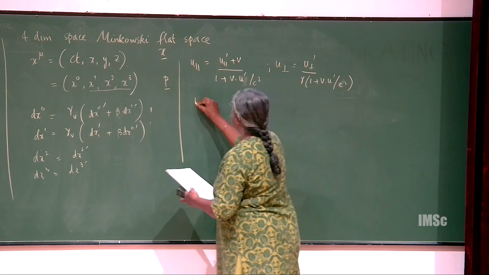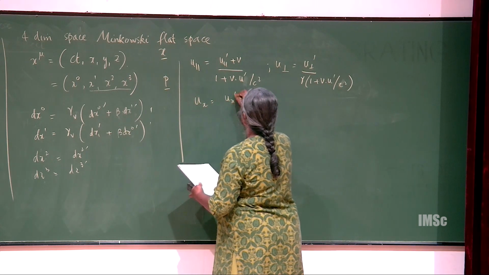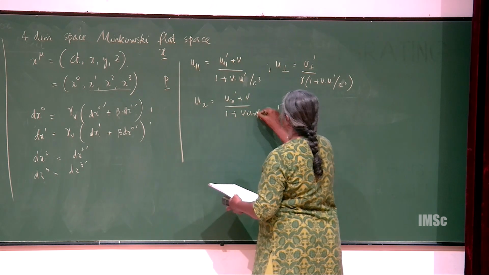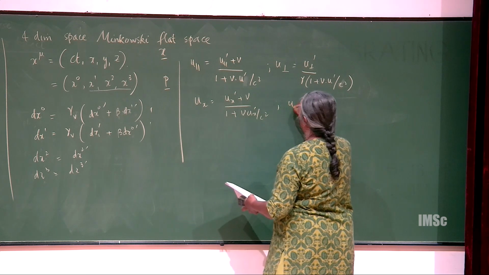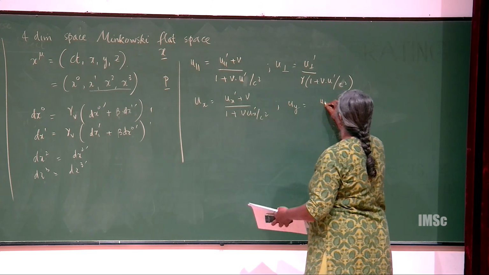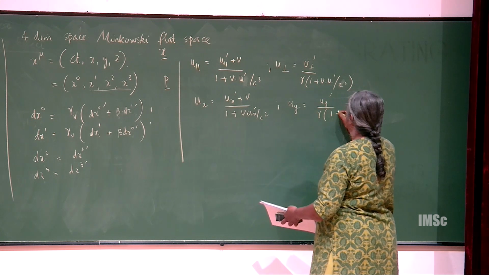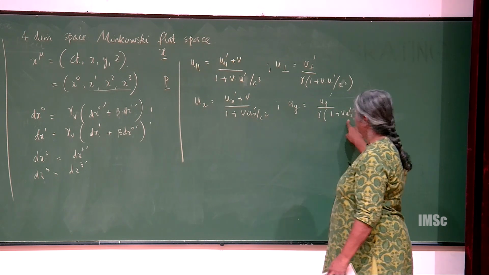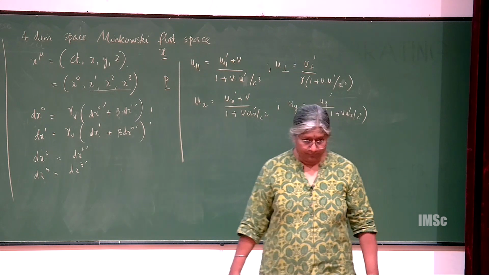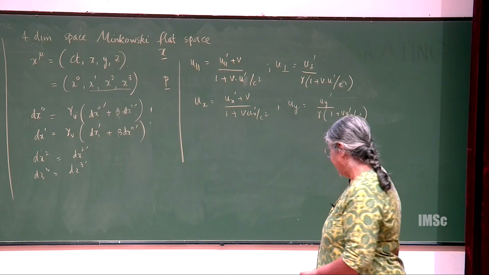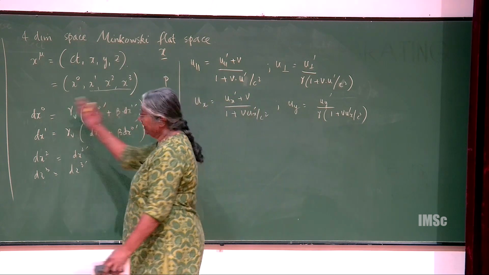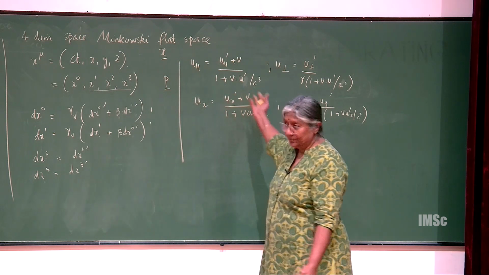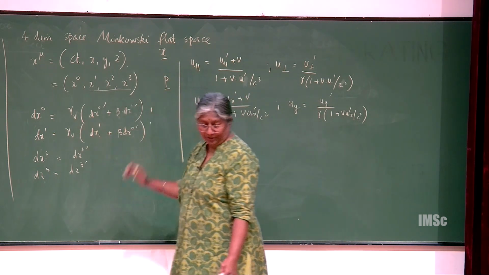And if you look, let me write the one dimensional analog: ux is ux prime plus v by 1 plus v ux prime by c squared, and let's write only uy: uy is uy prime by gamma into 1 plus v ux prime by c squared, and you can see that this is ux and not the whole u, right. So you can immediately see that if I try to write a 4 vector for the velocities using this, they will not transform like a 4 vector because they have all these horrible components and they don't look like this nice transformation law at all.